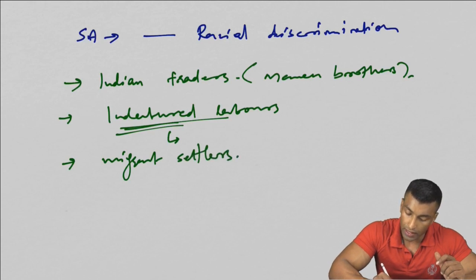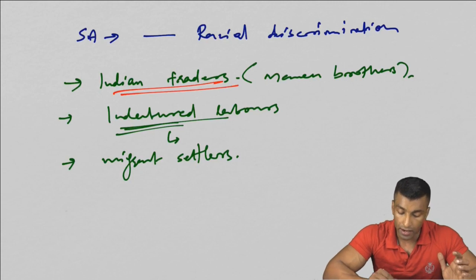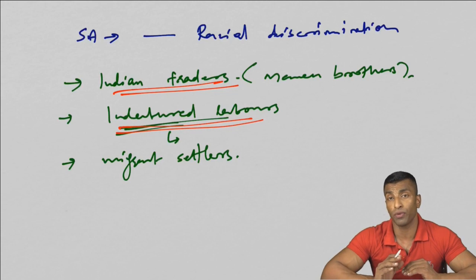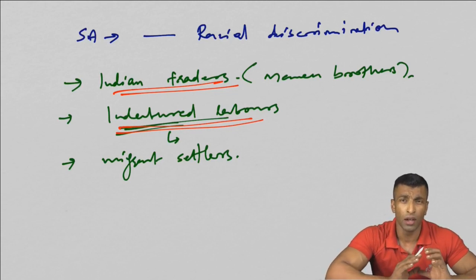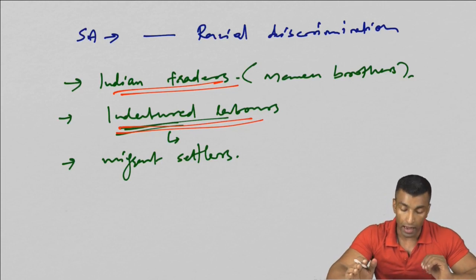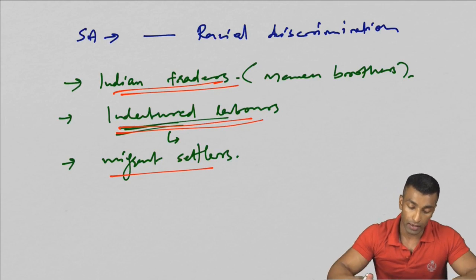So these are the three categories of Indians in South Africa: Indian traders, the trading community; indentured laborers, who went to South Africa on a contract to work in plantations and mining; and those who settled after the contract, the migrant settlers.